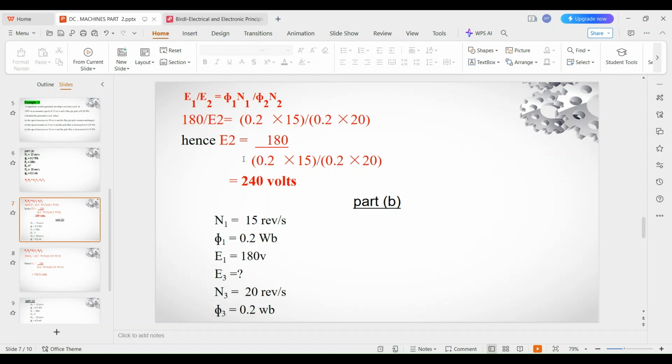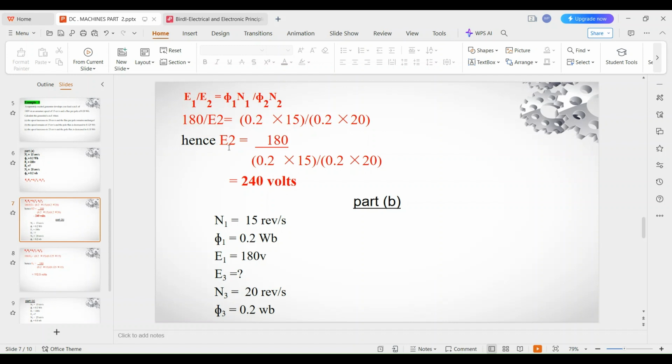Then we make E2 the subject of the formula, whereby we shall multiply by E2 over 180. In the other case, also E2 over 180.